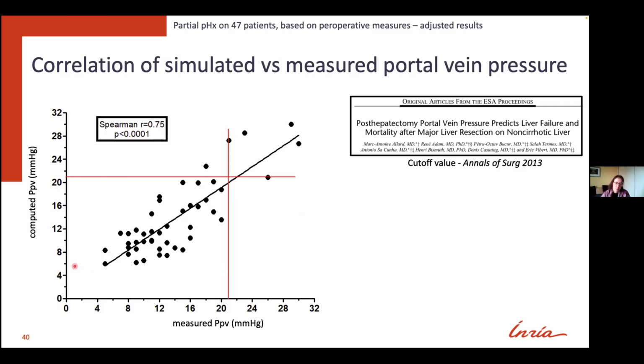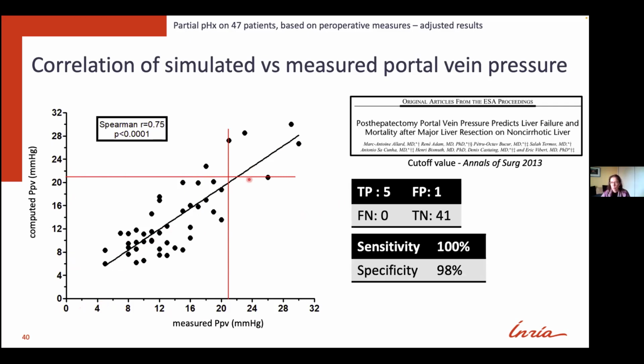So here are the results comparing the computed versus measured pressure at the entrance of the liver. You see quite a nice correlation, especially for this first group of patients for which the underlying liver was not too diseased.